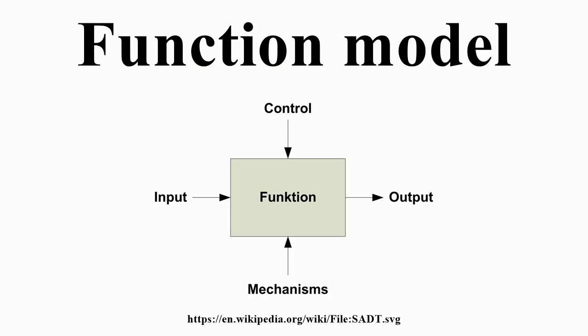Now, with these symbols, a process can be represented as a network of these symbols. This decomposed process is a DFD, data flow diagram. In dynamic enterprise modeling, a division is made in the control model, function model, process model, and organizational model.